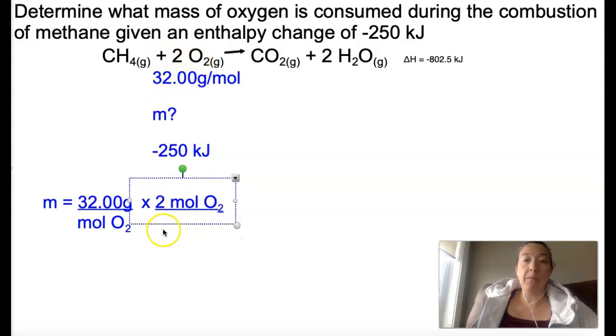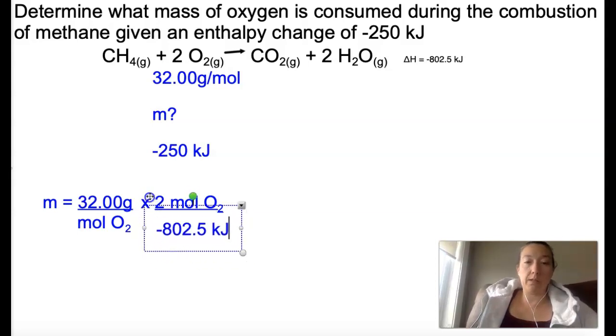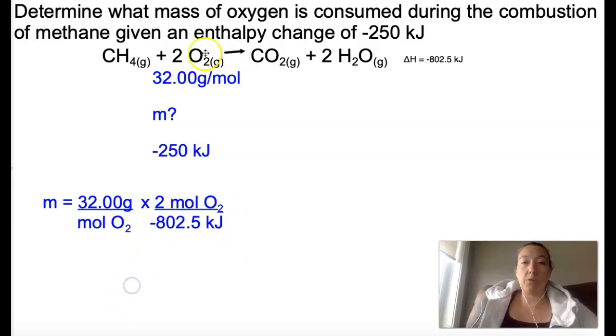There's a 2, and that's going to go with that negative 802.5 kilojoules, right? Because in this unit, our ratios are generally going to involve the delta H value of the enthalpy change along with the other one. So from here, moles of oxygen is gone. The last unit I need to get rid of is the kilojoules, and look at that, we were given kilojoules.